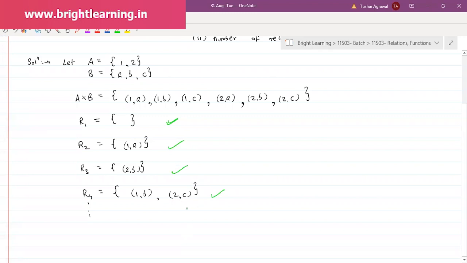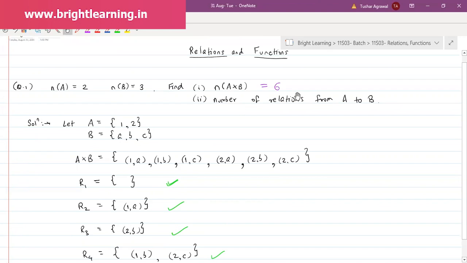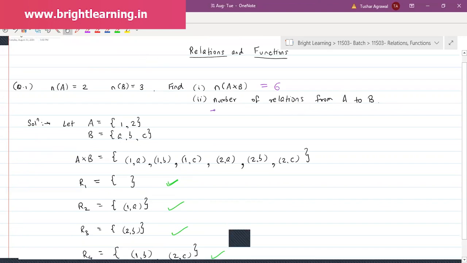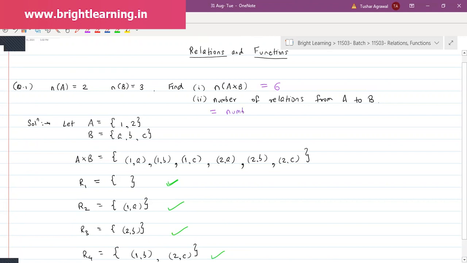How many? So do you realize that the number of relations from A to B is equal to the number of subsets of the set A cross B. A cross B itself is a set. So asking the number of relations from A to B is the same as asking the number of subsets of the set A cross B. This answer will be equal to 2 to the power 6.